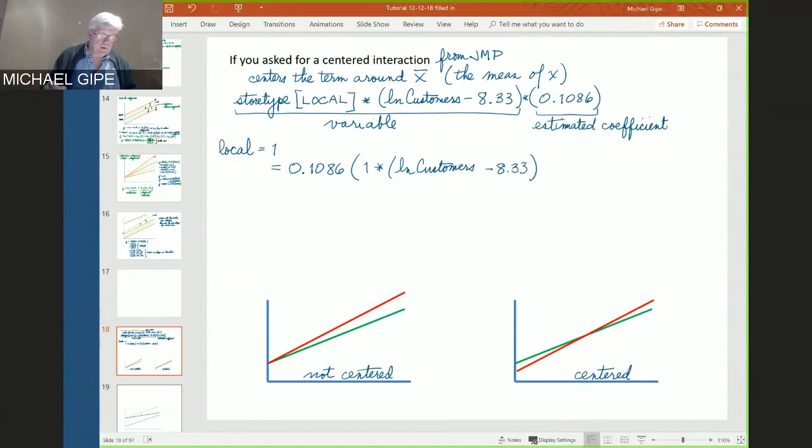And that works out to be minus 0.9046, which is the intercept, plus the slope term, 0.1086 times the log of customers. So we have impacted the intercept as well as the slope. And so that's what we've done here.